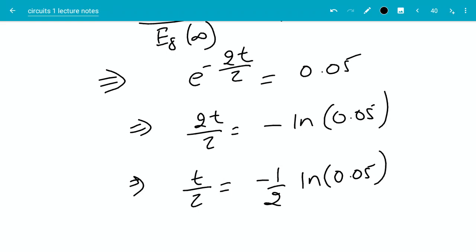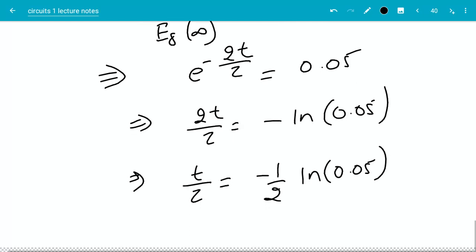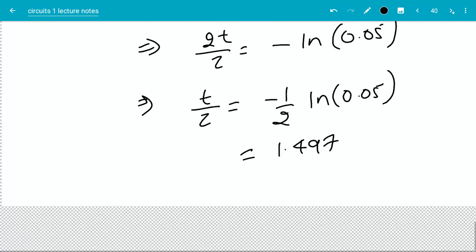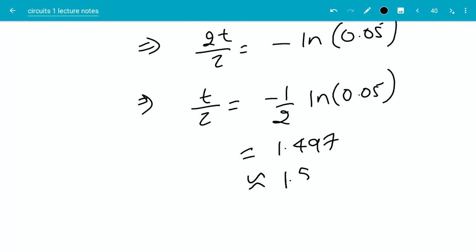So open Google: minus 0.5 times ln 0.05. This is equal to 1.497, so approximately equal to 1.5, right?